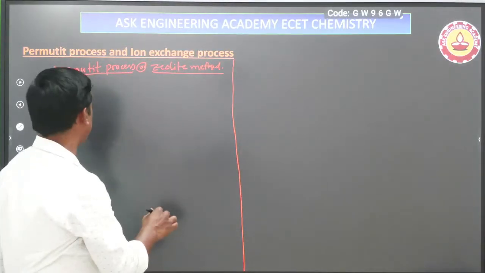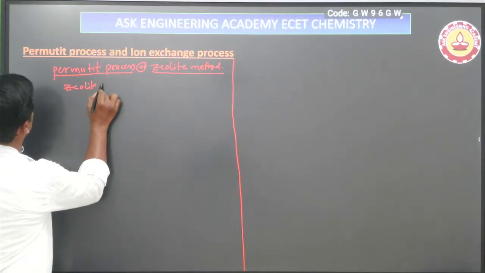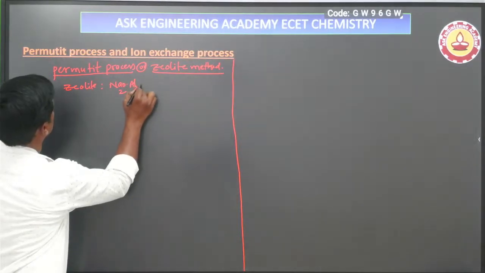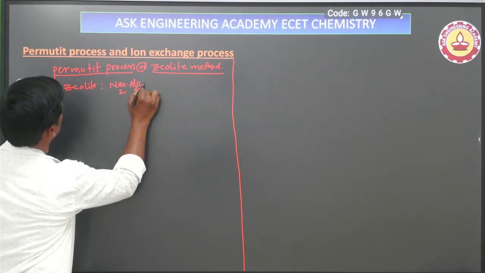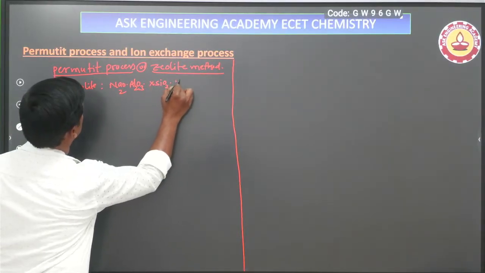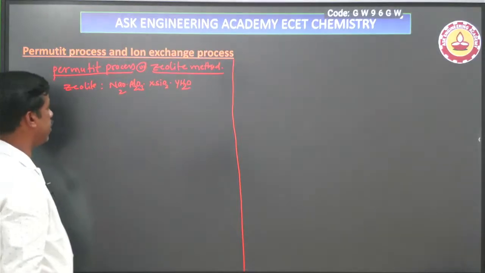What is the zeolite formula? Here I am writing zeolite: Na2O, Al2O3, xSiO2, yH2O. This is the chemical formula of zeolite.